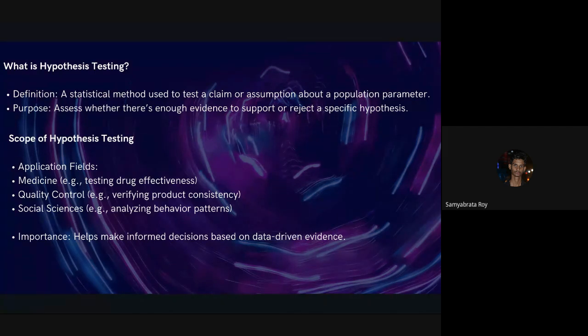Once we have assumed these two hypotheses, we try to validate the assumption based on the data we already have, or based on the sample we already have.